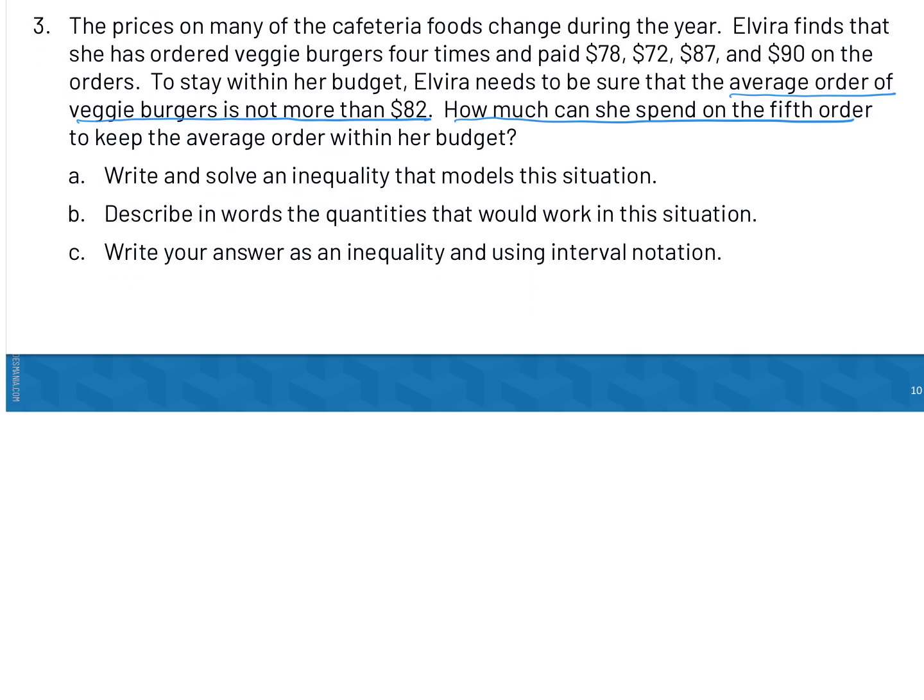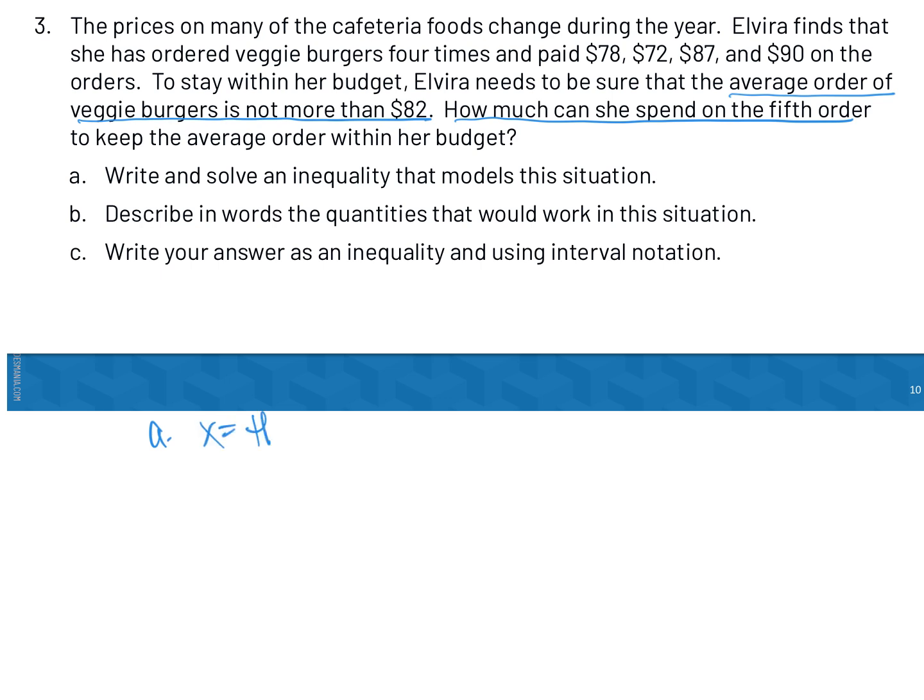All right, let's write our equation. We need to define our variable. So we're going to say this is AX equal the amount of the average of 5 orders. Okay, so let's go ahead and write an equation itself.